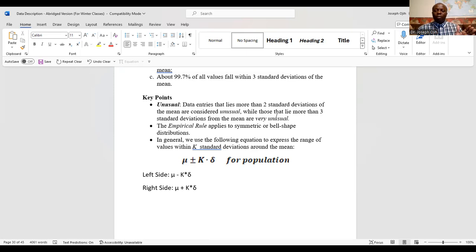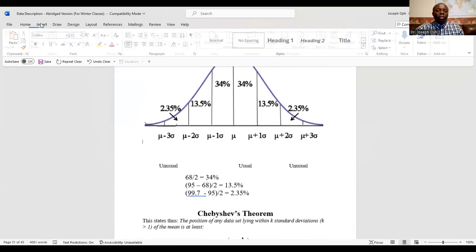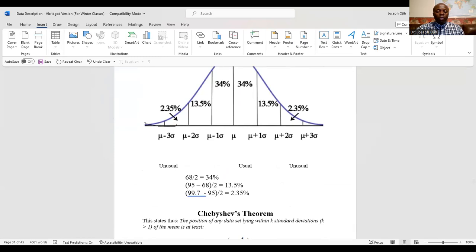That's abnormal, not normal. If it's too low, that can also be considered not normal. So those values fall outside 2 standard deviations. Values that fall more than 3 standard deviations away are considered very unusual.